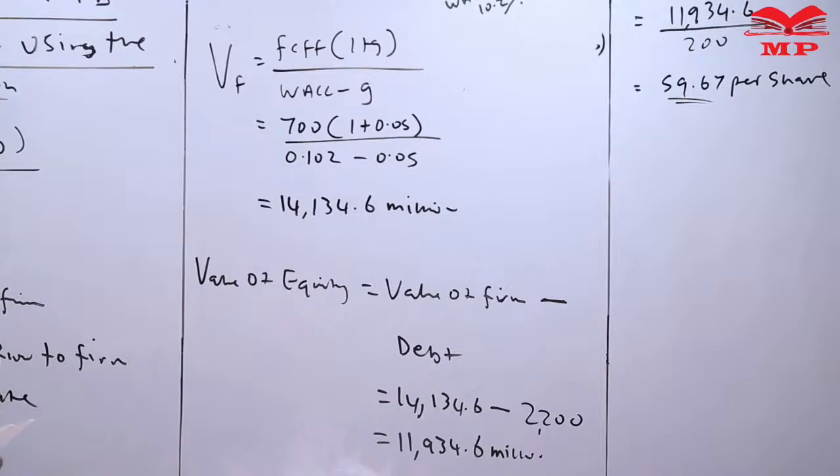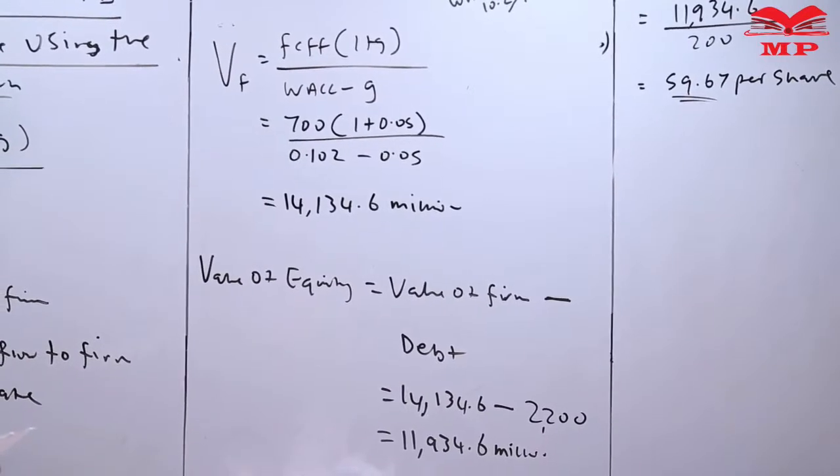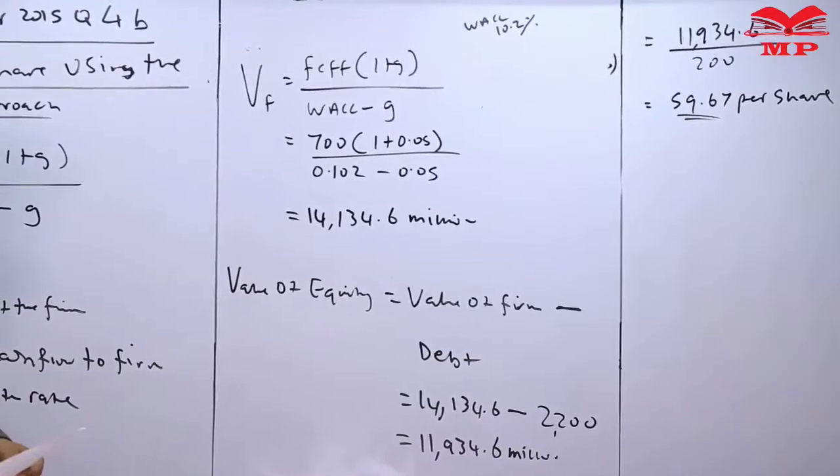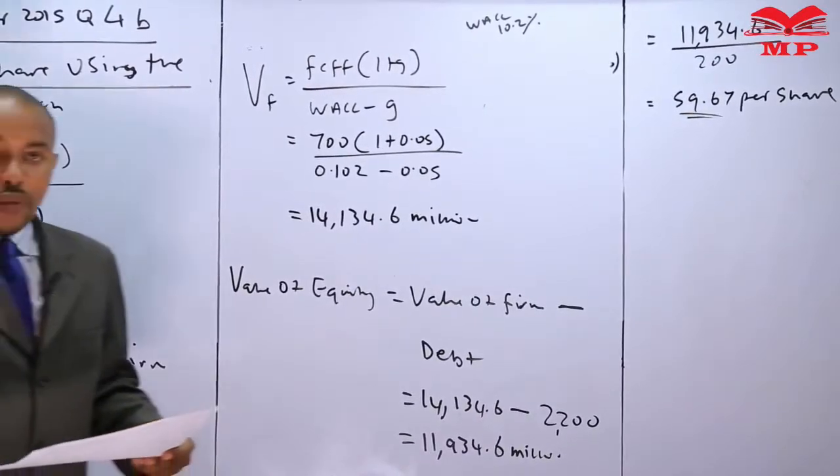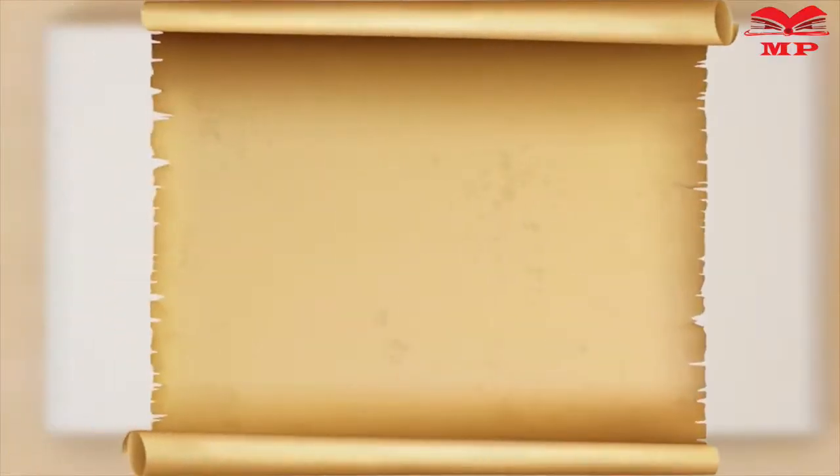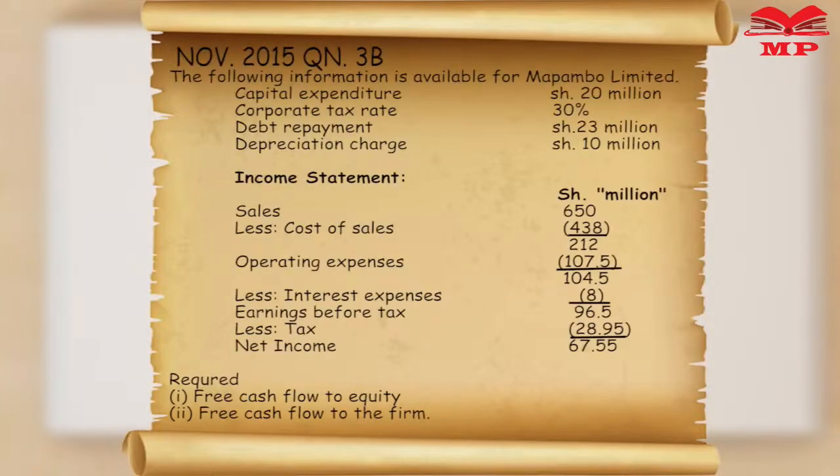Now we move over to November 2015 question 3B. It reads as follows. The following information is available for Mapambo Limited. You've been given capital expenditure 20 million, corporate tax rate 30%, debt repayment 23 million, depreciation charge 10 million.